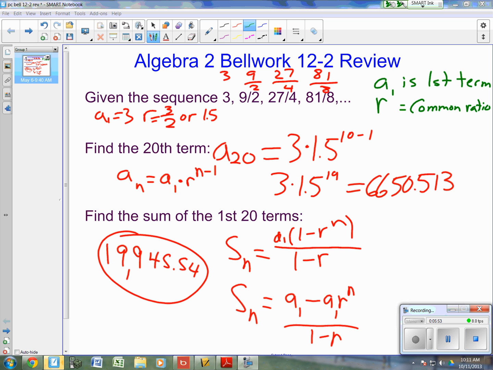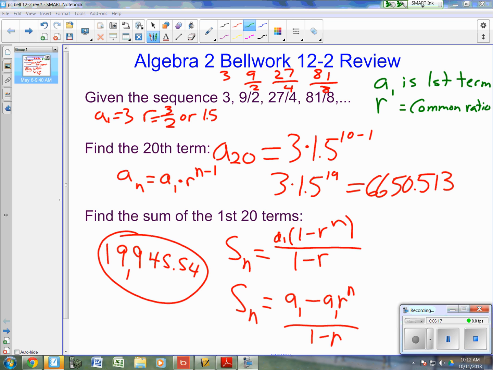If we times 3 by 3 over 2, we got 9 over 2. Then we times 9 over 2 by 3 over 2, we got 27 over 4. Then we times 27 over 4 by 3 over 2 and get 81 over 8, and so forth. And we can continue that pattern. But you always got to find out, what is it being times by to get it?